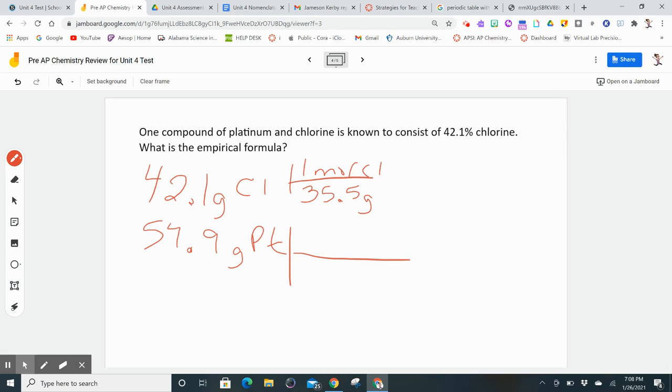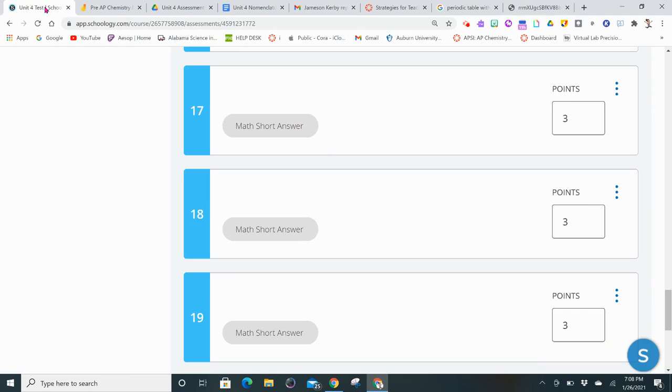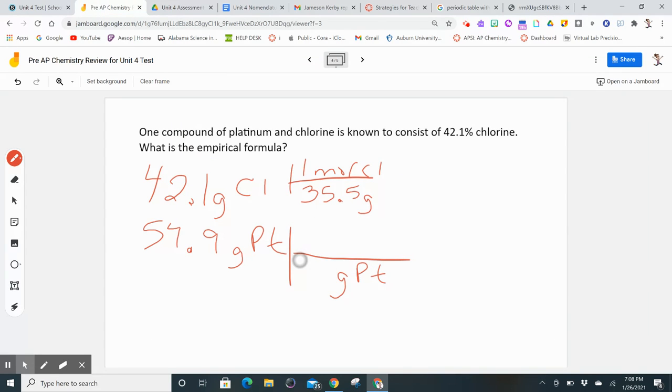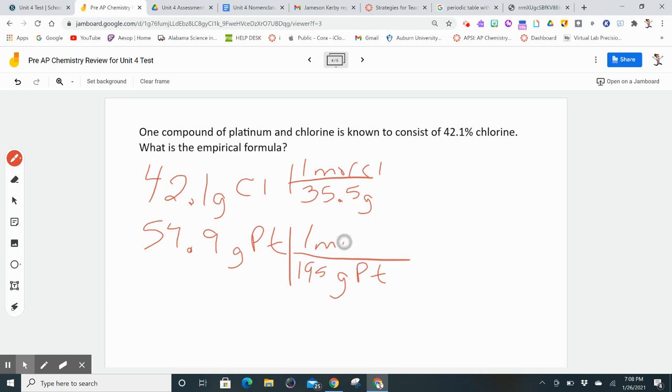And then the atomic mass of platinum, let's look up what that is. Platinum is Pt, that's 195. Let's see if our decimal is right. 195, yeah. And 1 mole of platinum. So 42.1 divided by 35.5 is 1.2.